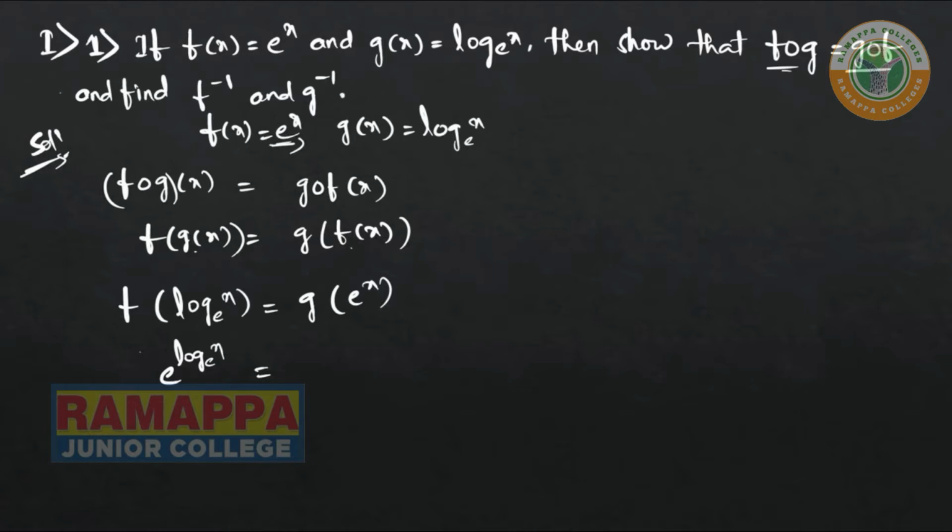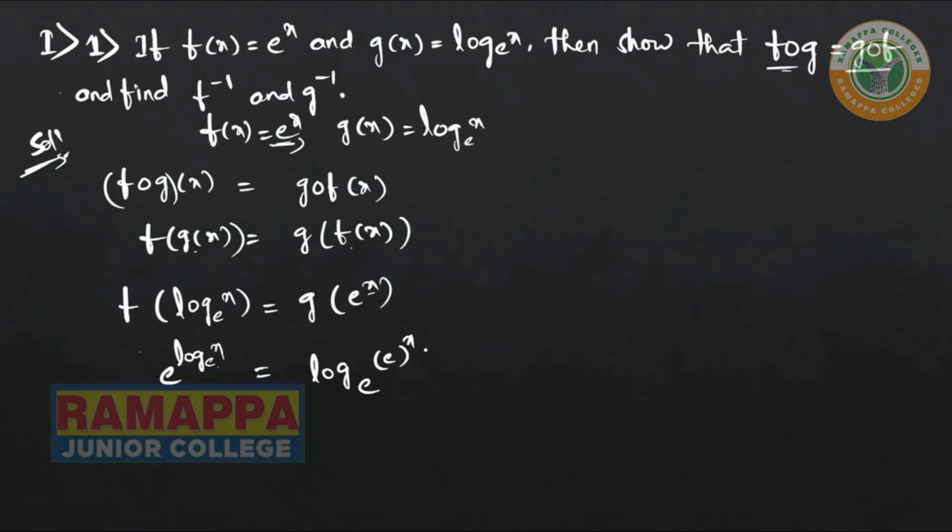Now in f of x we substitute log e x, so it becomes e power of log e x, and in g of x we substitute e power of x, so it becomes log base e of e power of x. So in the x place I am replacing e power of x. Just substituting the values.